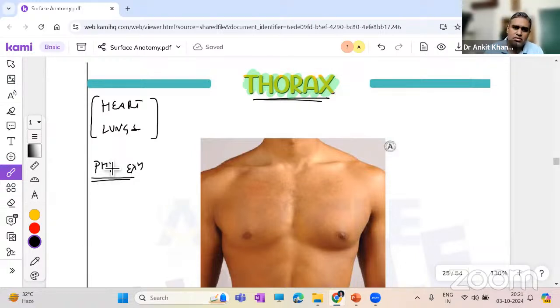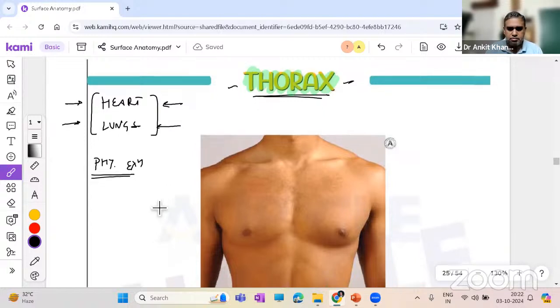So for problems related to these two organs, a physician should know at least the basic surface anatomy, which will be dealt with in the thorax part. Other things are also there, like some blood vessels.